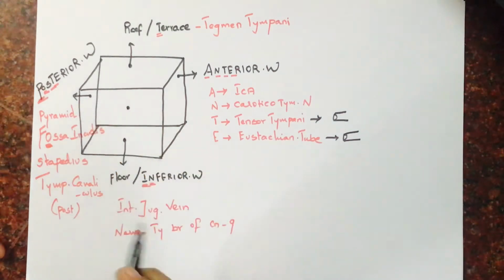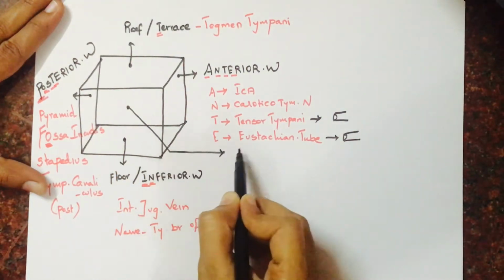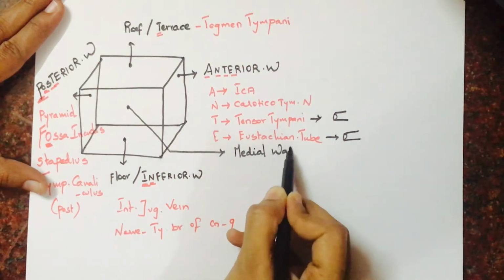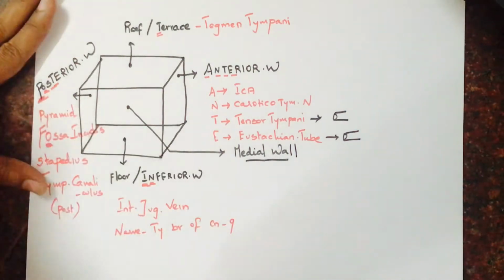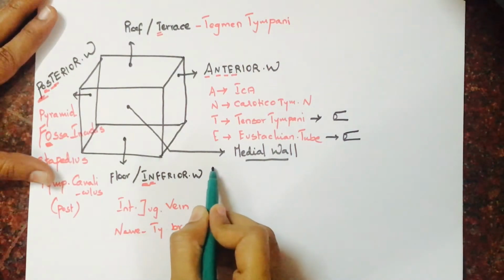Now medial wall. Medial wall presents so many important structures. How to remember all those structures? So this wall has so many important features. It's complicated to understand.